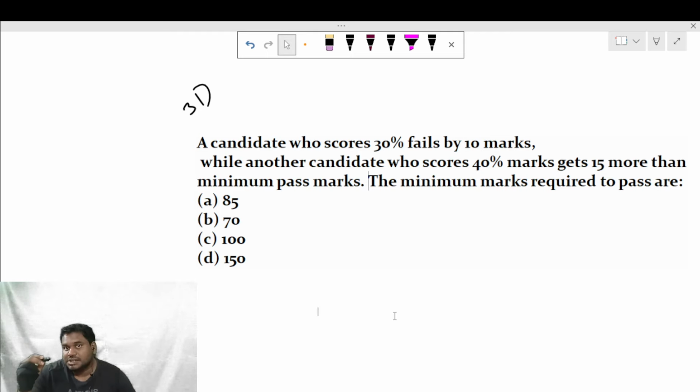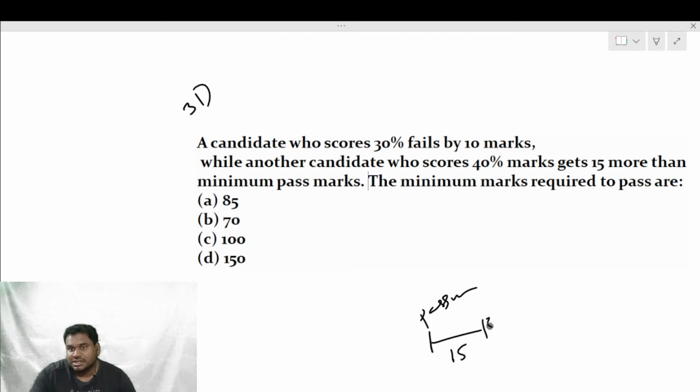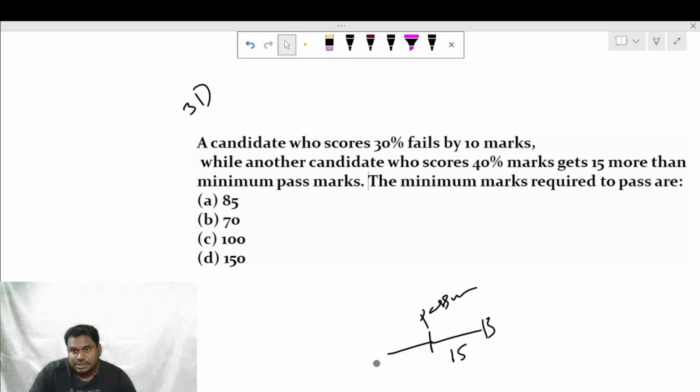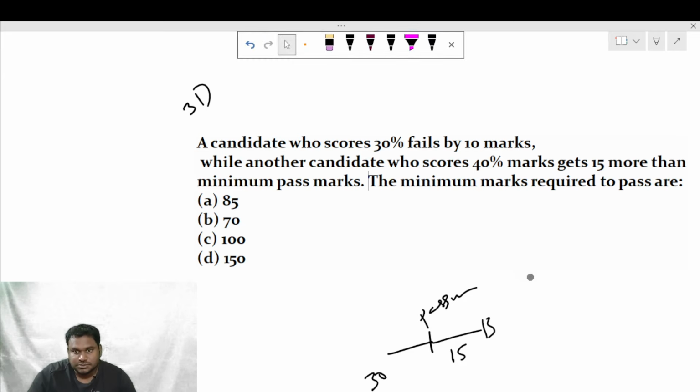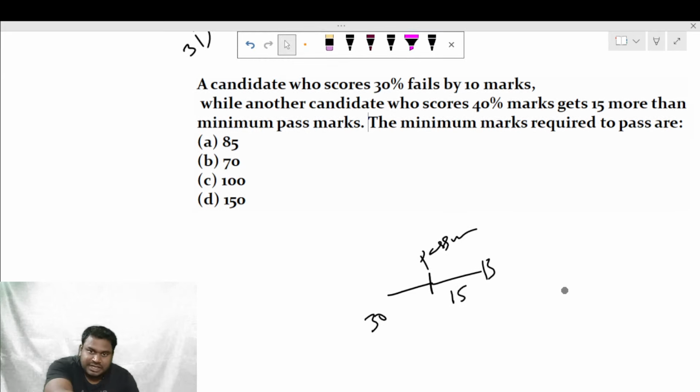So it means the pass marks are between 30% and 40%. You need to find out how much percentage it is. So there is a borderline, this is the pass mark. Above the pass mark, 15 extra, another candidate B got. Another candidate got 30%, but failed the exam.